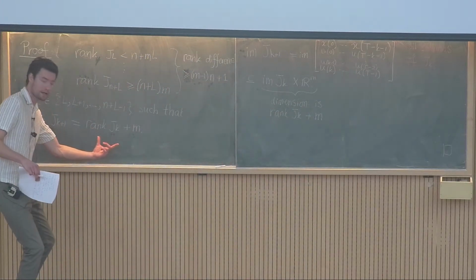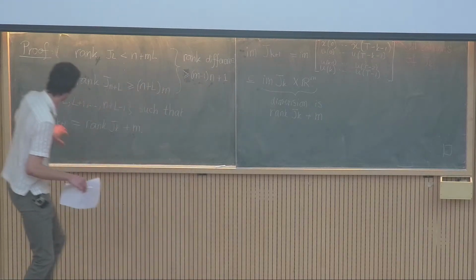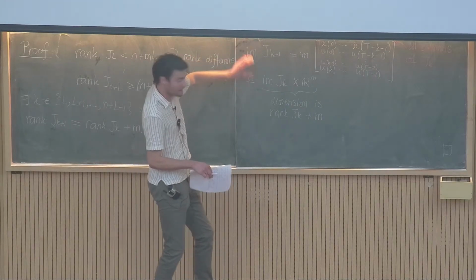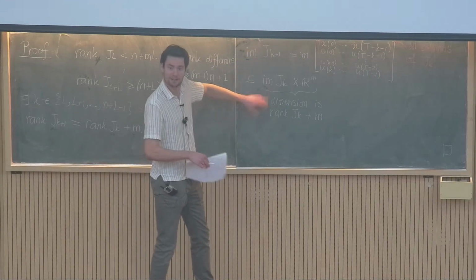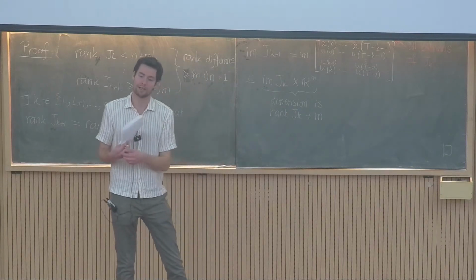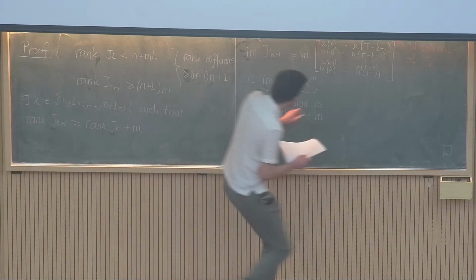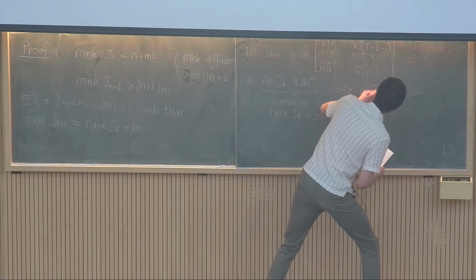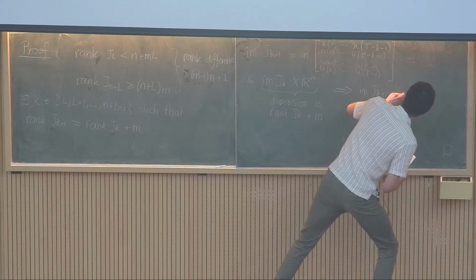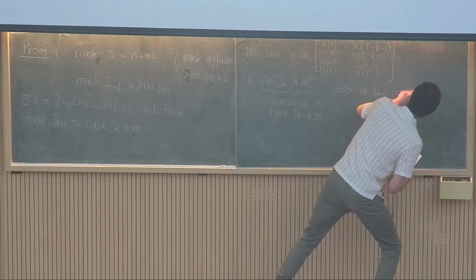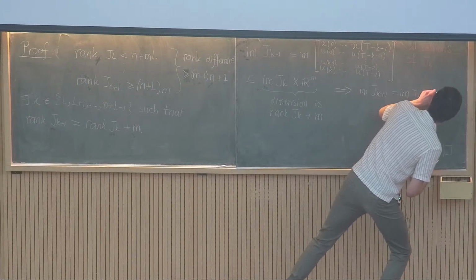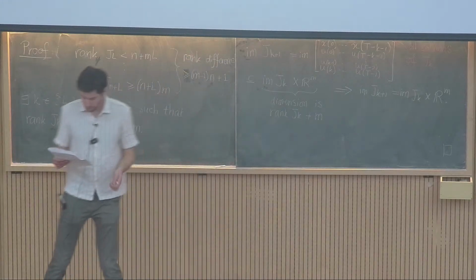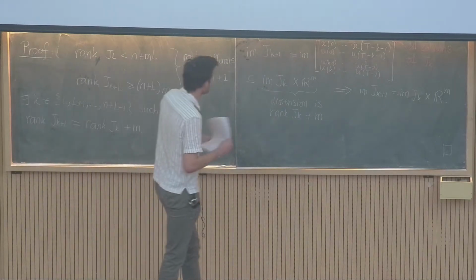By the formula that we had over here, the dimension of this subspace must thus be equal to the rank of J_{k+1}. Meaning that we have one subspace contained in another subspace. They have the same dimension, so they must be equal, in fact. So this implies that the image of J_{k+1} must be equal to the image of J_k Cartesian product R^m. Very nice. Okay, good.